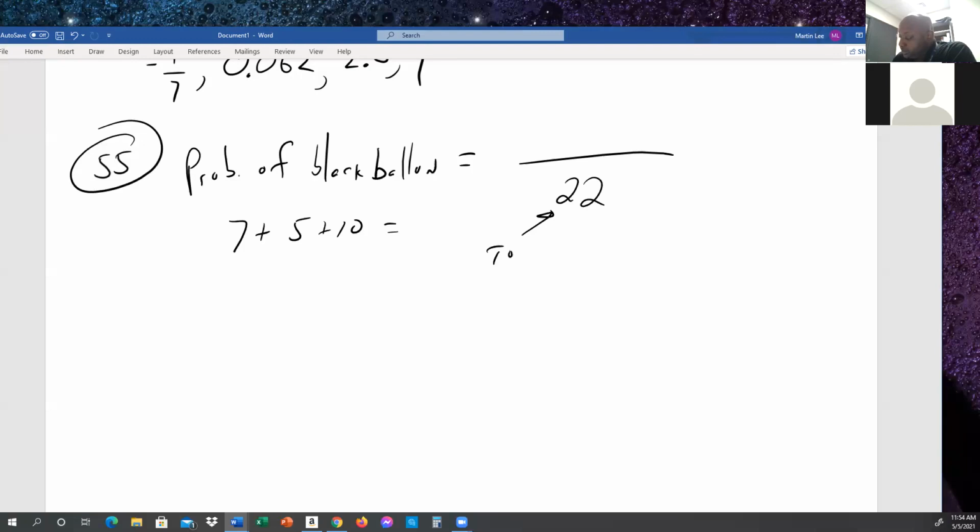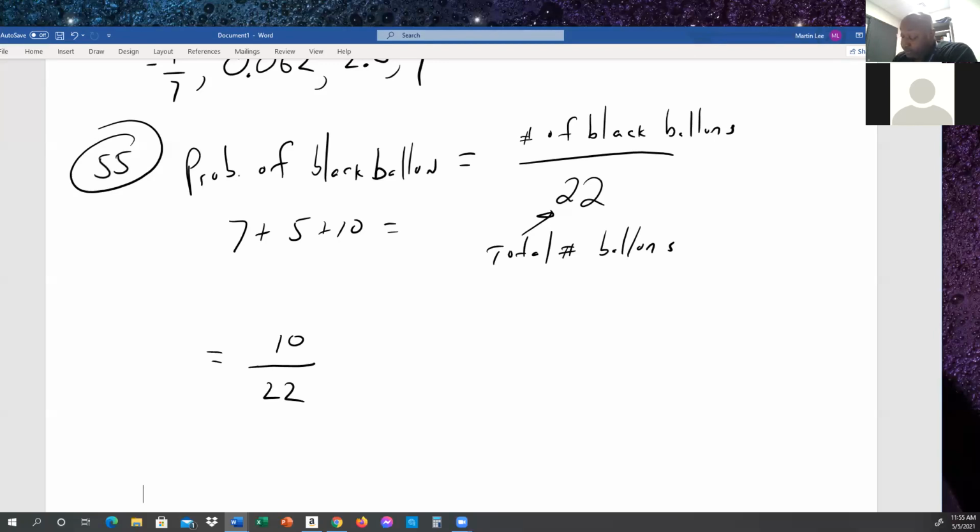So this is the total number of balloons. And my numerator is going to be the number of black balloons. It told me I had 10 black balloons over a total of 22.